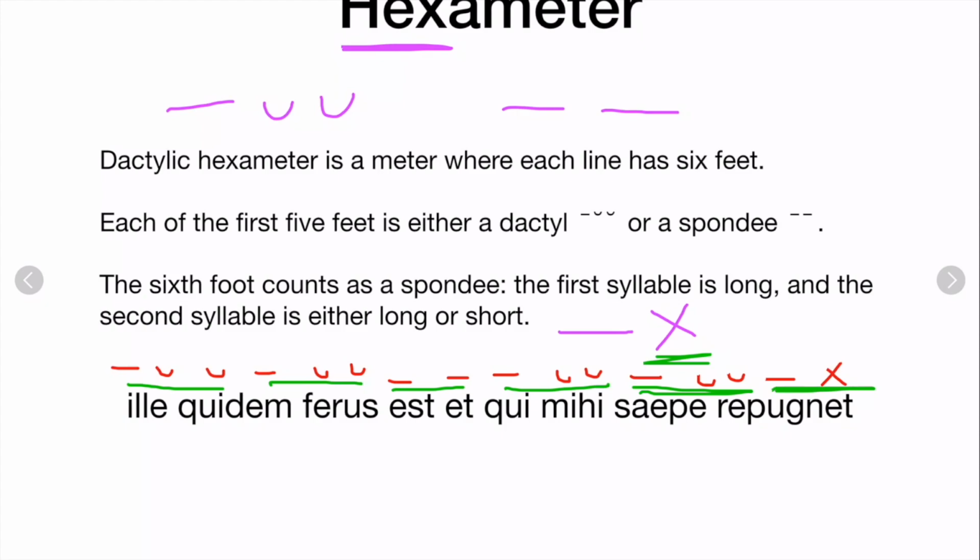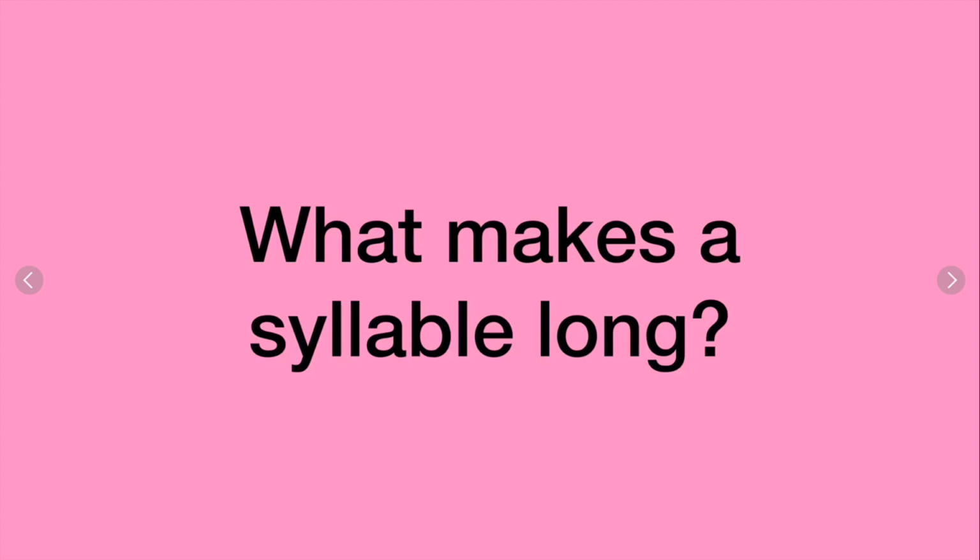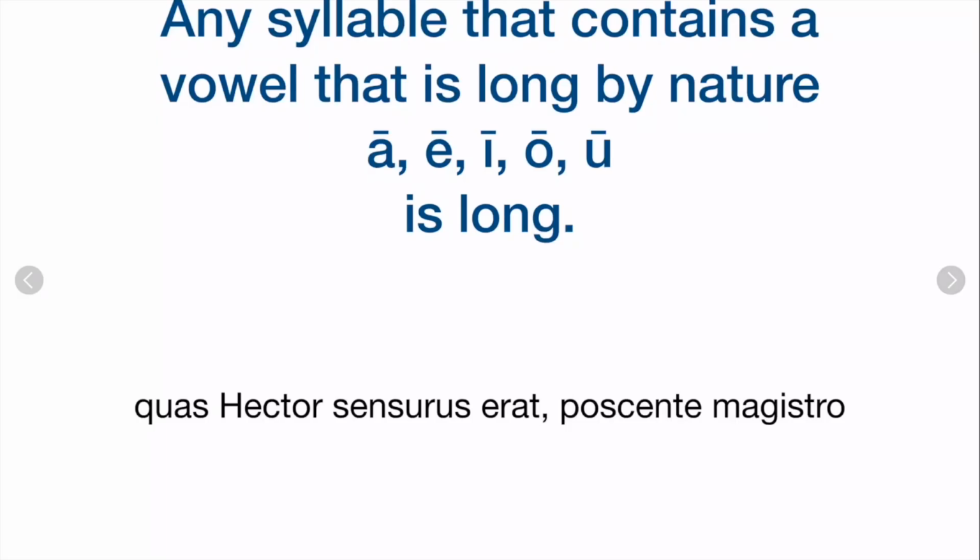Okay? All right. So what makes a syllable long or short? Well, any syllable that contains a vowel that is long by nature. So long A, long E, long I, long O, long U. Any syllable that contains a vowel that's long by nature is long.